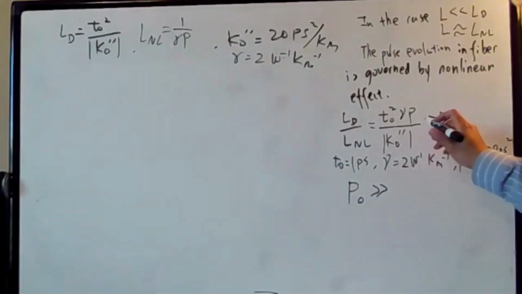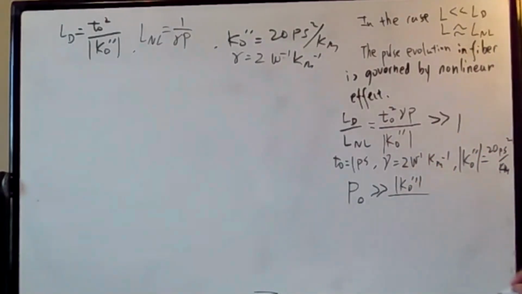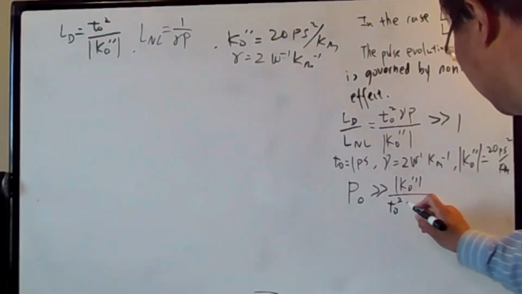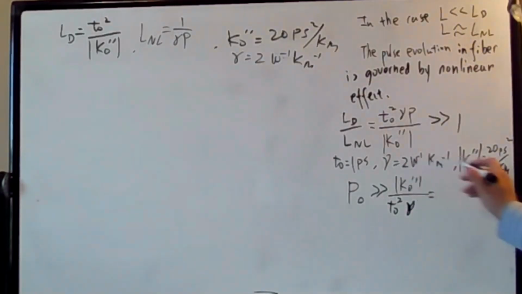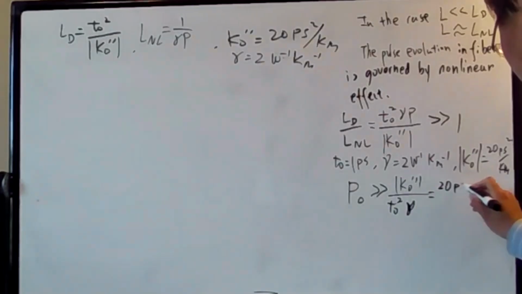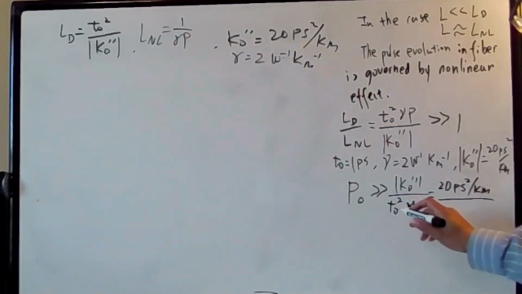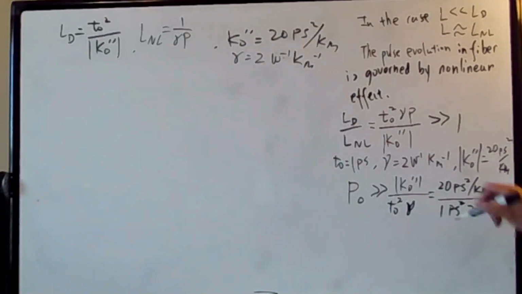So let's do it together, right? P naught should be K naught double prime divided by T naught square gamma. K naught double prime is 20 picosecond square over kilometer, T naught is 1 picosecond, and gamma is 2 inverse watt inverse kilometer.